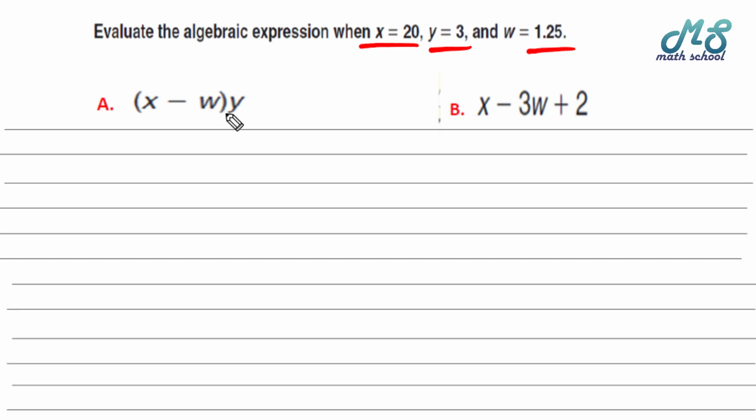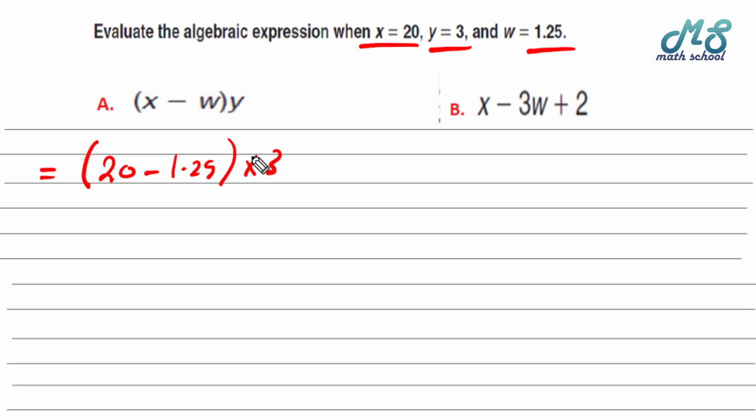First expression, x minus w times y. So substitute guys 20 for x. So write 20 minus w equals 1.25. Then multiply the difference by the value of y, which is 3.